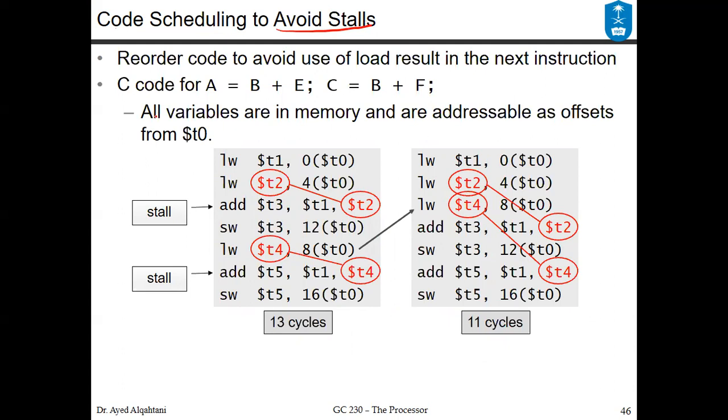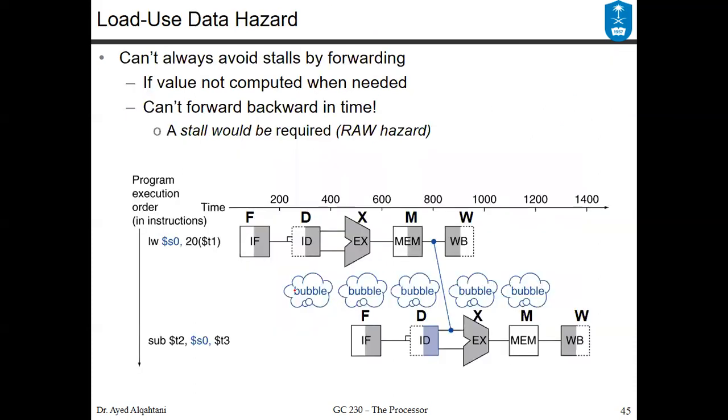So if you have this code and you need to reorder the code to avoid use of the load result in the next instruction, you don't want this stall to happen. What you basically do is get the subtraction instruction away from the load for a little bit.